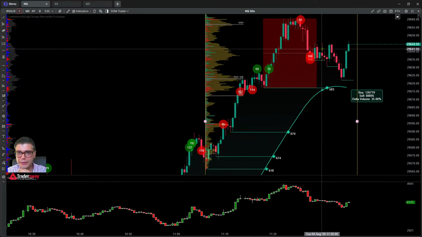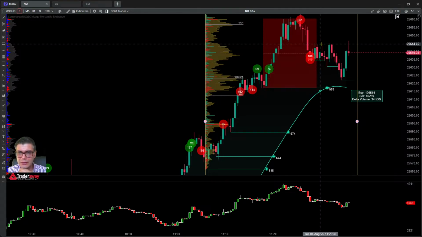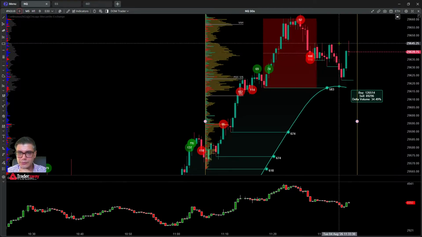I don't do fair value gaps, but let's see if this price level holds. I don't want to see a close above it. If these are passive sellers, I like to see the price doesn't go above it and only a sweep. Okay.